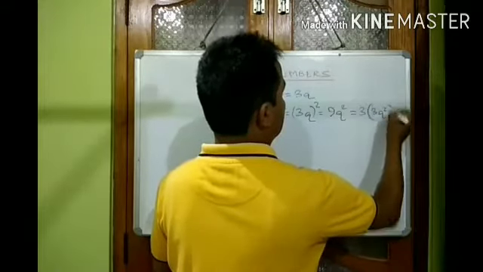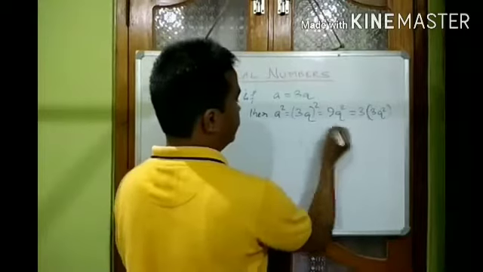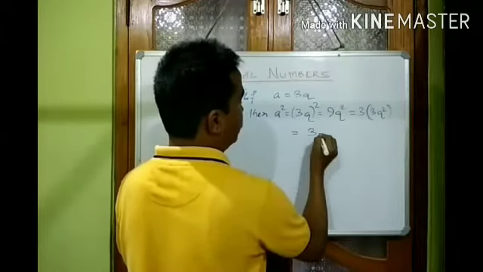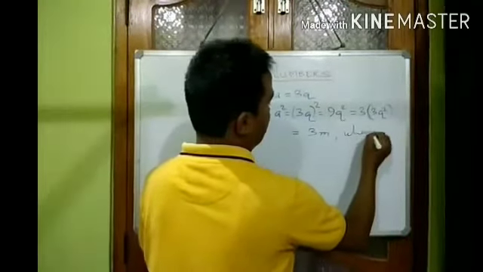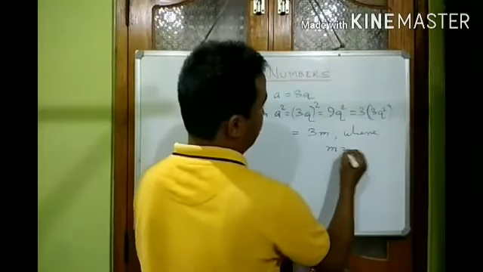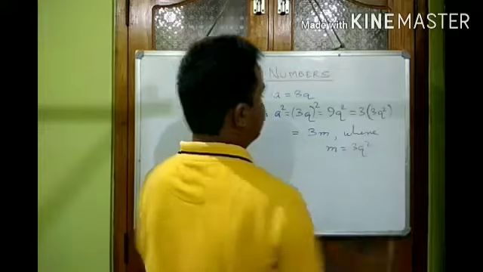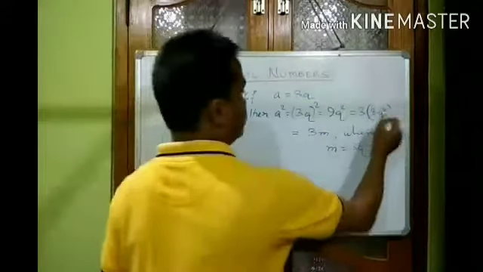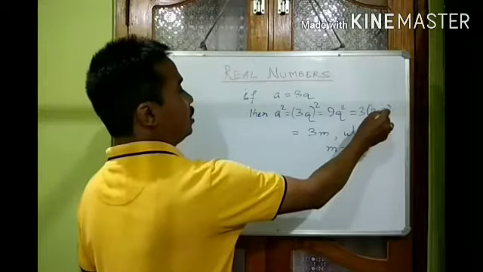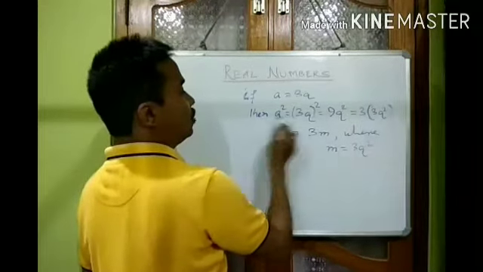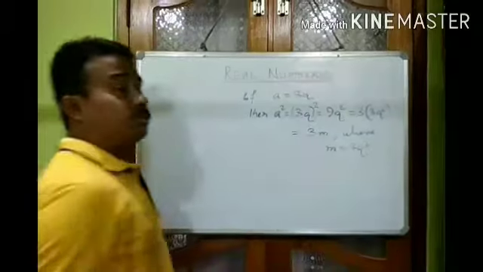So it is of the form 3m, where m equal to 3q square. If we write m in place of 3q square, then a square is equal to 3m.